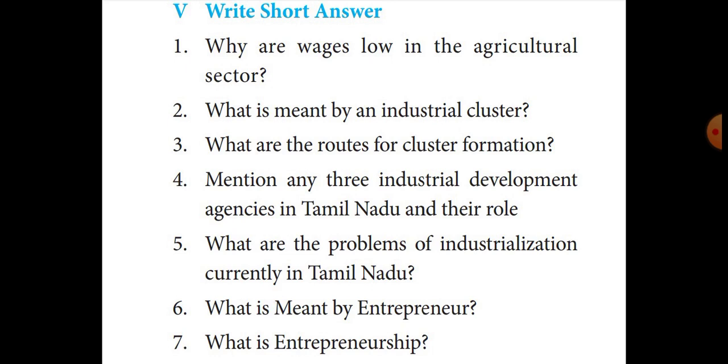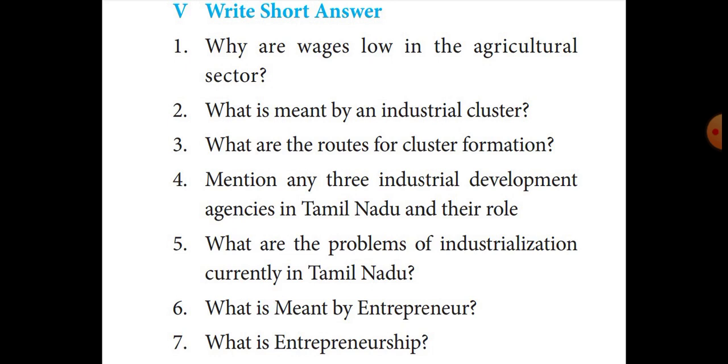Then before the heading Major Industrial Clusters and Their Specialization in Tamil Nadu, the paragraph that starts with "because of all these factors", is it, students? From there, before the last fourth line: there are 27 clusters in 13 districts.